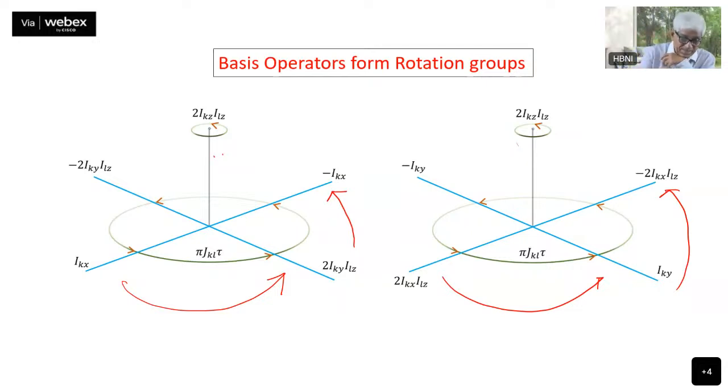The elements which are present in this figure form one rotation group, and the elements which are present in this other figure form another rotation group.